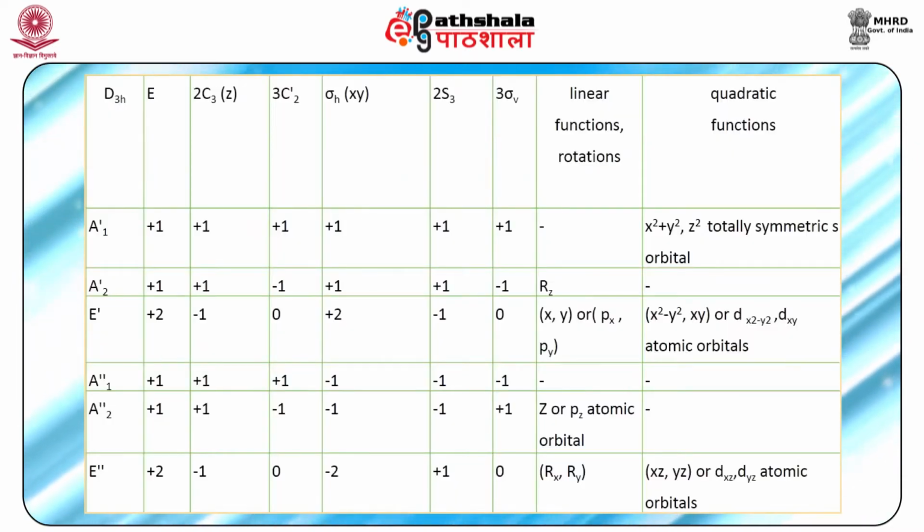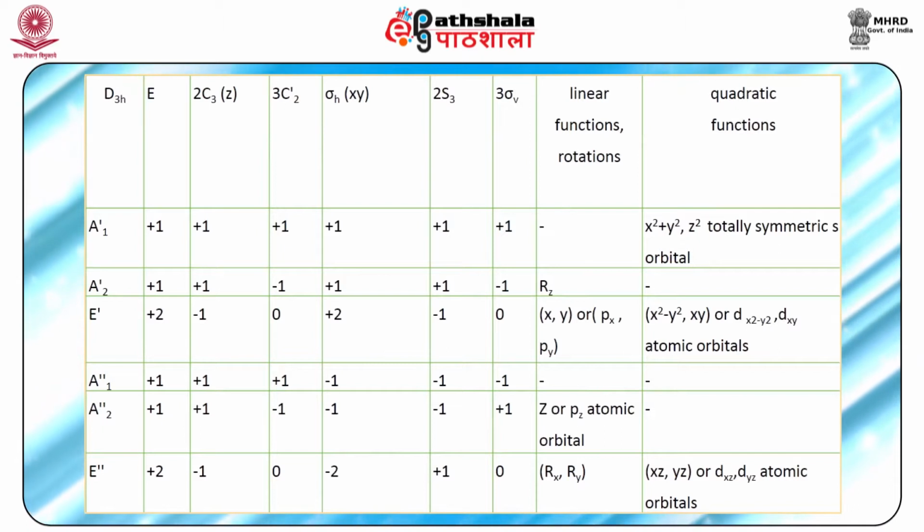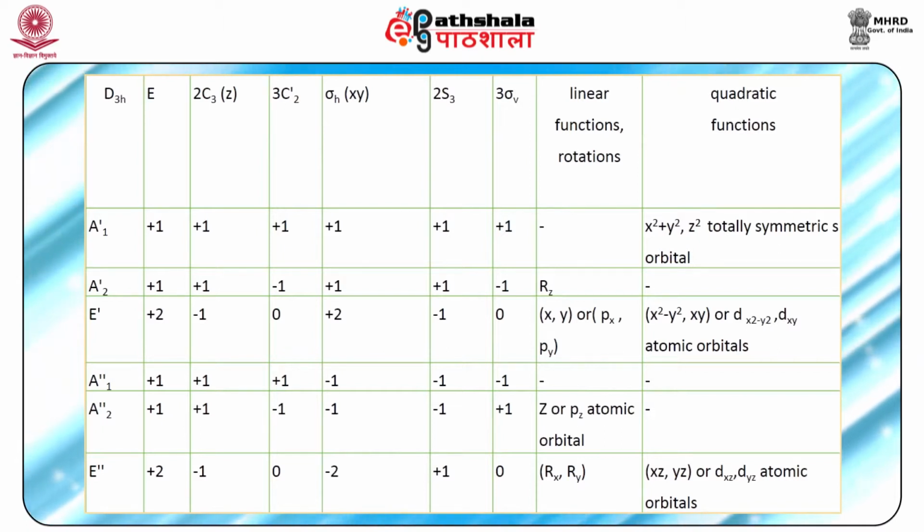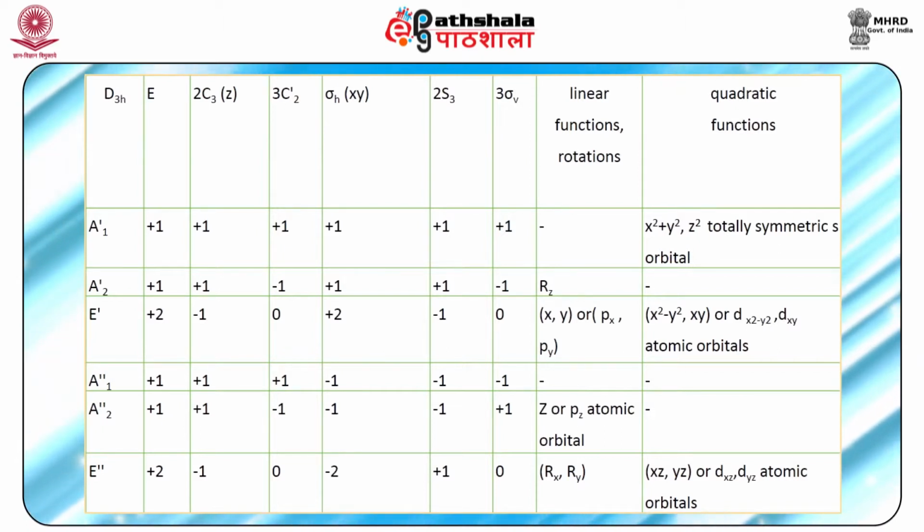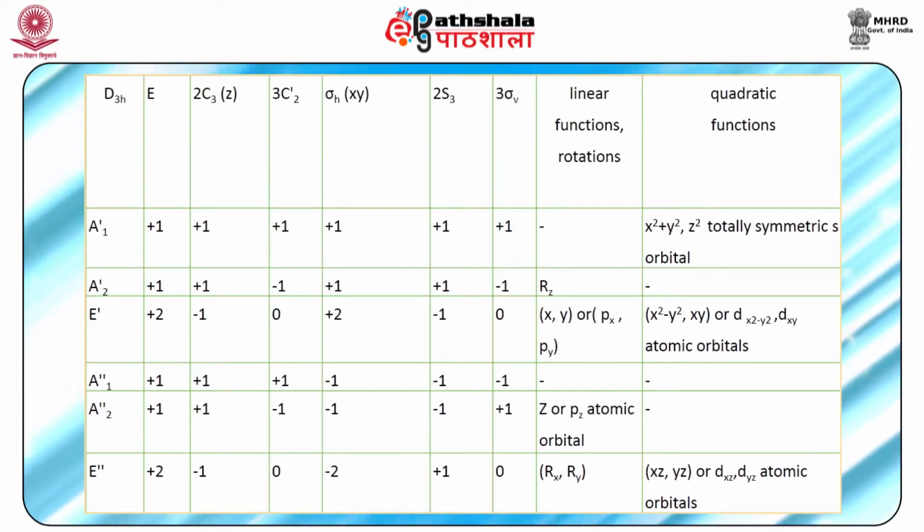Inspecting the character table of the D3h point group gives us information about the symmetries of the various orbitals, and the results are summarized in the character table.